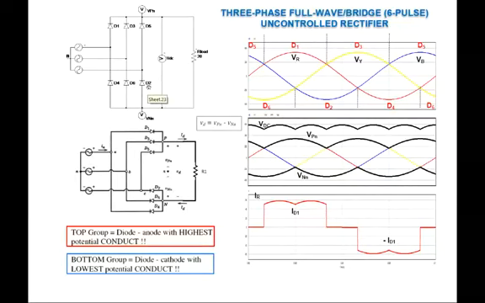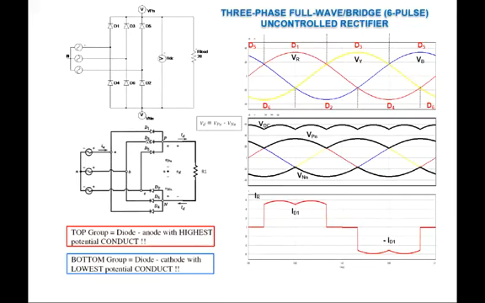Okay, so now we are interested in looking at the output voltage because that is the ultimate objective, whereby we need to look at the waveform of the output voltage. To understand that, we go back to the 3-pulse midpoint converter, whereby if you refer to this circuit, whenever D1 is on, the output voltage VP here will always equal the supply voltage V red, isn't it?